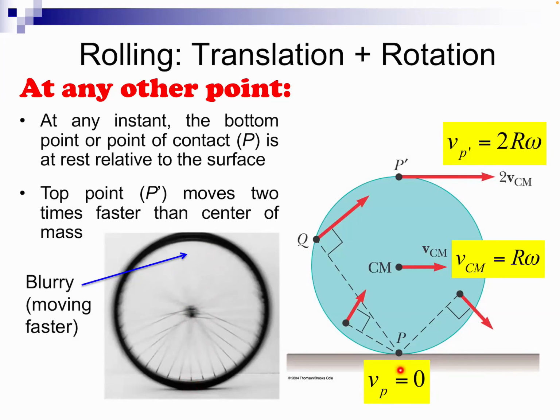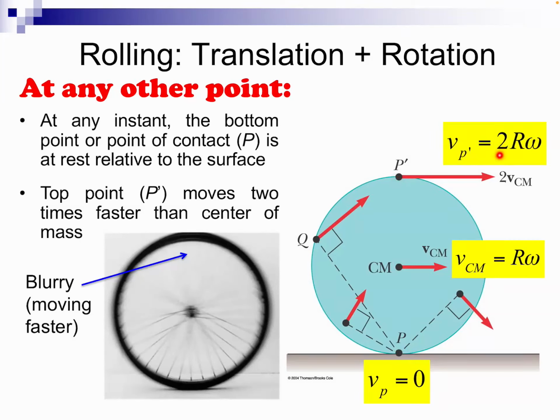So the linear velocity at the bottom is 0. The reason for this is that you have static friction between the wheel and the ground, and static friction is the friction related to rest or stationary motion. So you have linear velocity equal to 0 at the bottom, and at the top, the wheel will be moving faster.